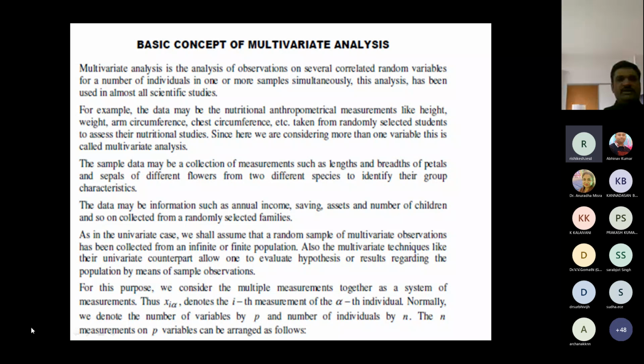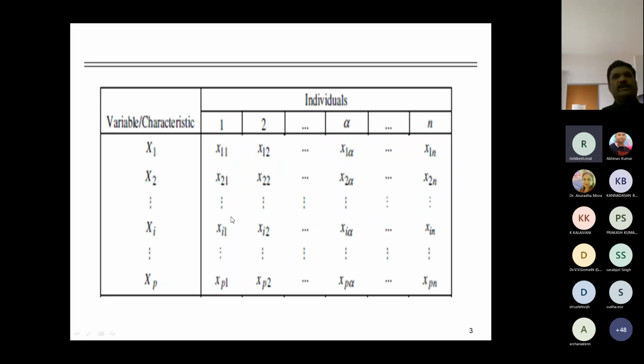The n measurements on p variables can be arranged like this. On this vertical side, these are characteristics or variables x1, x2, xi, xp, and on this side, these are individuals 1, 2, alpha, up to n.